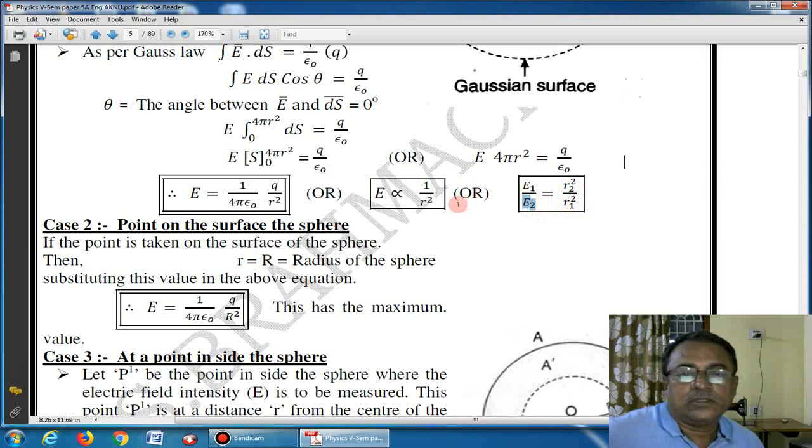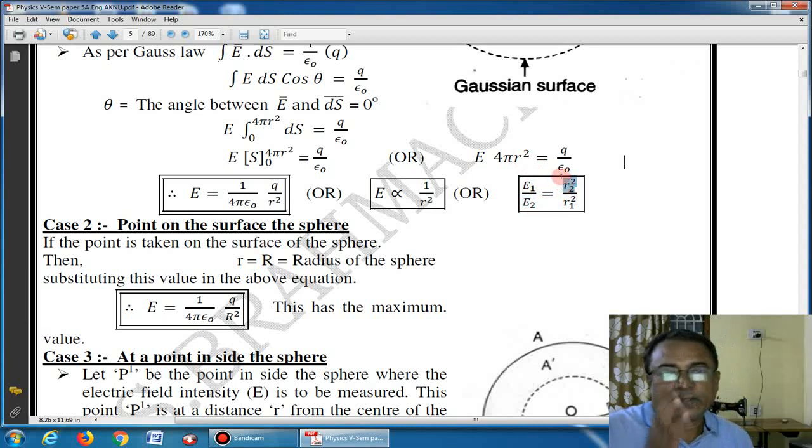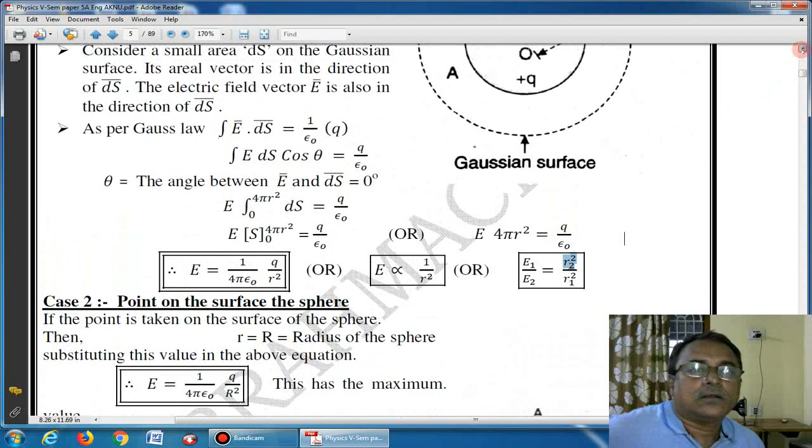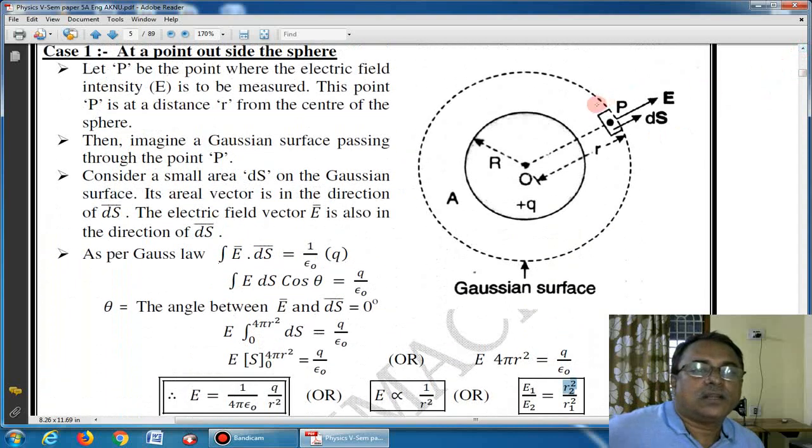So these two are inversely proportional. Because of that, if E1 is on the numerator, then r1 square is on the denominator. Similarly, E2 is in the denominator and r2 square is on the numerator. So that is the end of the first case, and here the point is taken outside the sphere.